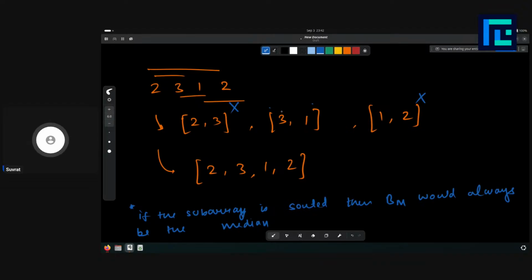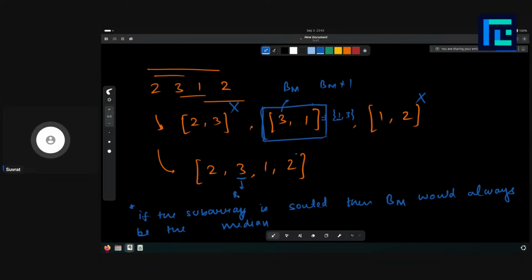Now Bm would be this element, and after sorting this array would look like 1 3, and the median of this array is 1. Since Bm is not equal to 1, this subarray is a valid answer. Let's also check this subarray.